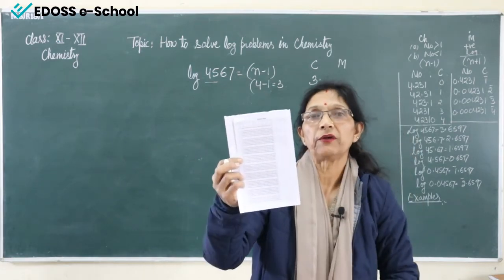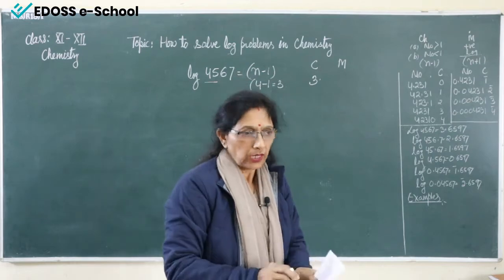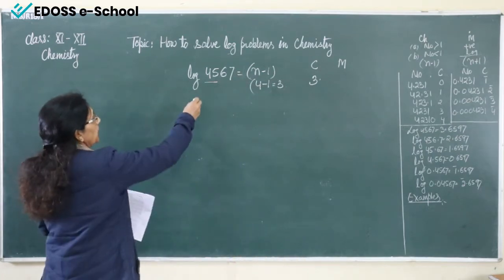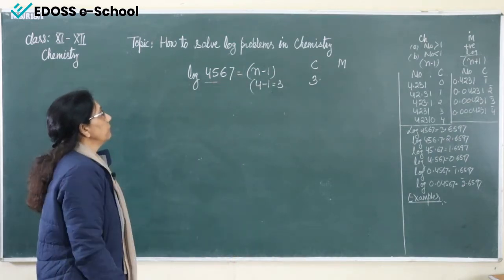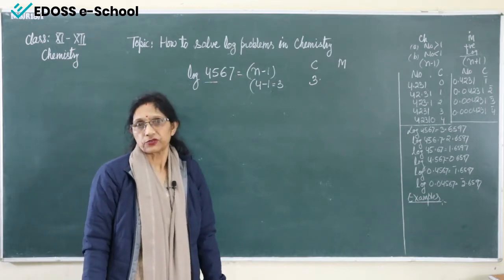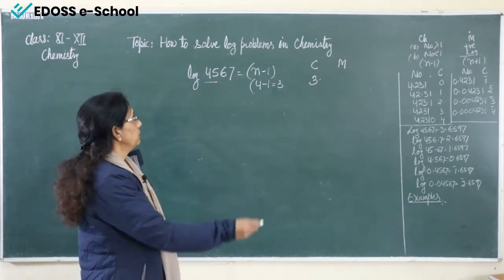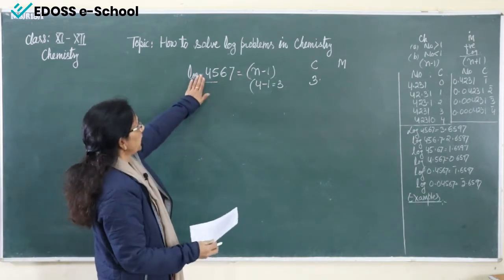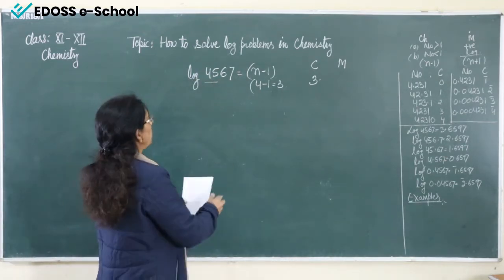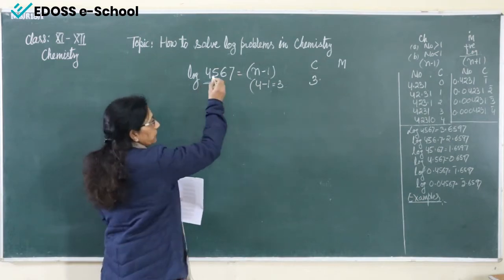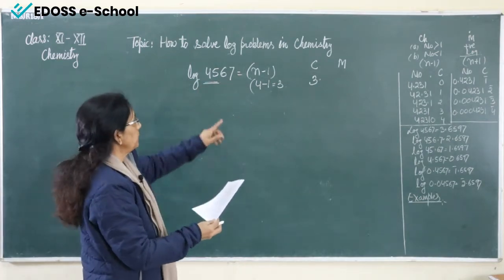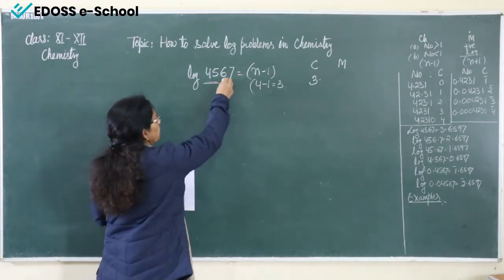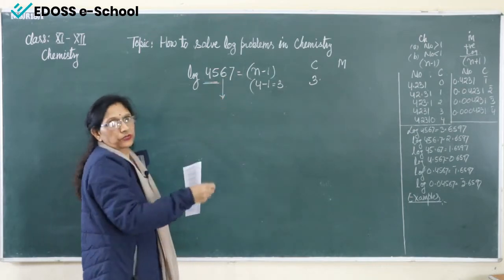Now see how we have to use this log table. I have to find the log of 4567. How will I do it? First thing, I'll find the characteristic. Now with the help of this log table, I'll see 45, and 45 I will see at number 6.